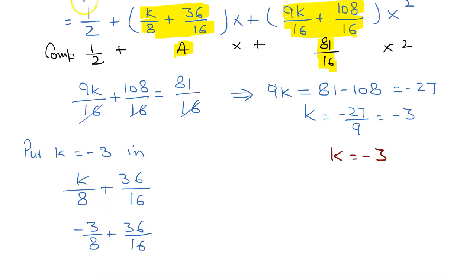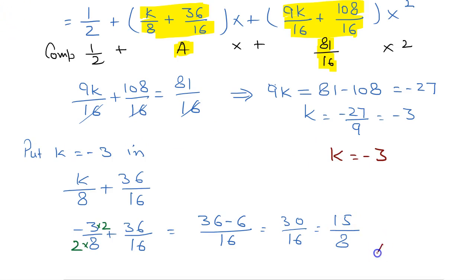You make this one 16, so multiplied by 2, so it will be equal to 36 minus 6 over 16, that is 30 over 16, that is 15 over 8. So the value of a is 15 over 8.